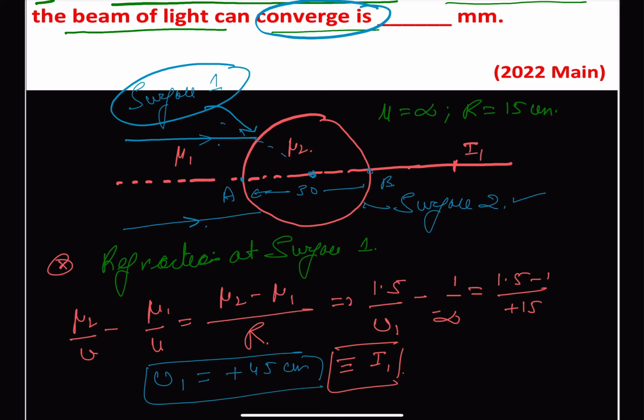So this will be our perpendicular and it will be refracting, and it is going to converge the first time somewhere here, and similarly for the bottom side also. And now I1 will be acting as an object for surface 2.